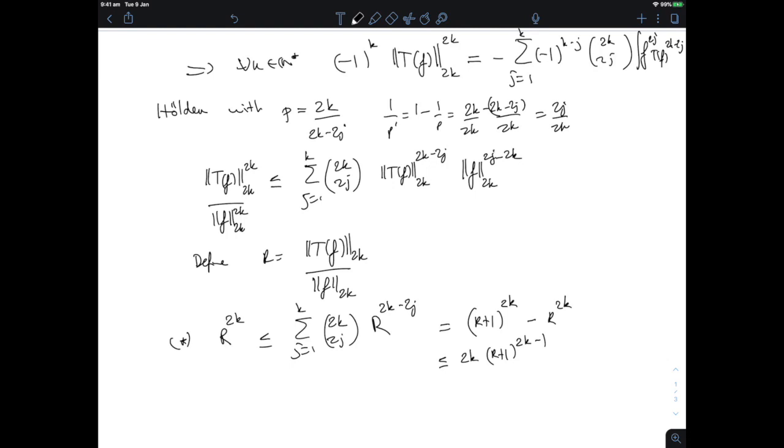So now we are basically done, because if R is small, then T is bounded on L^{2k} with norm at most 1.